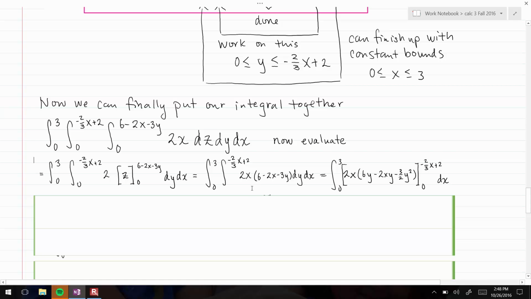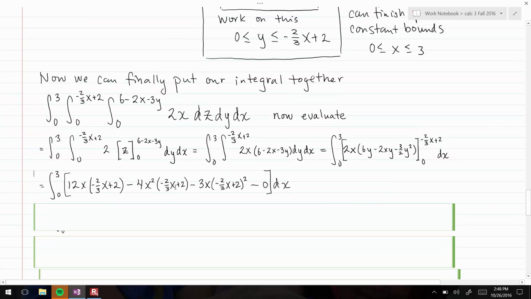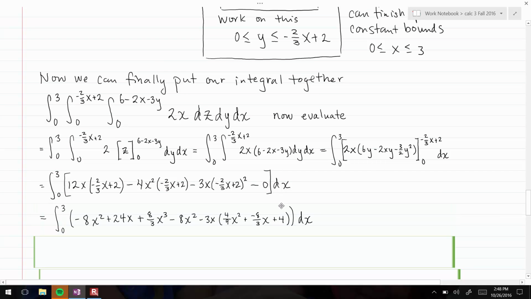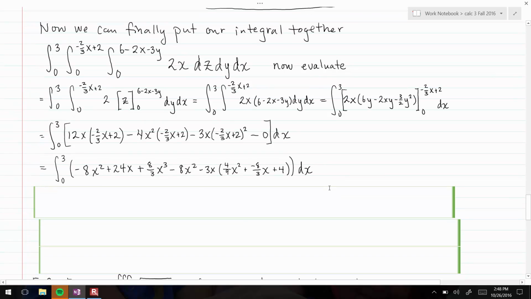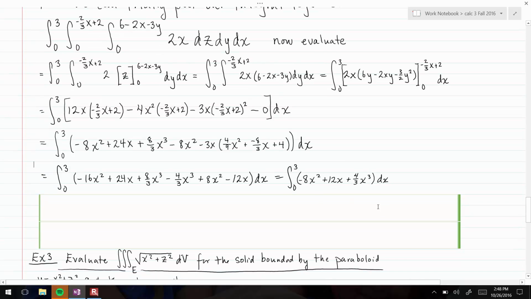And so remember that the x's are held constant, so you can go ahead and do that integration with respect to y. Then plug in, and now things are starting to get kind of tedious. So, but you keep going, and now you have lots of simplifying to do. Algebra all day long here until you get to this nice simple answer.